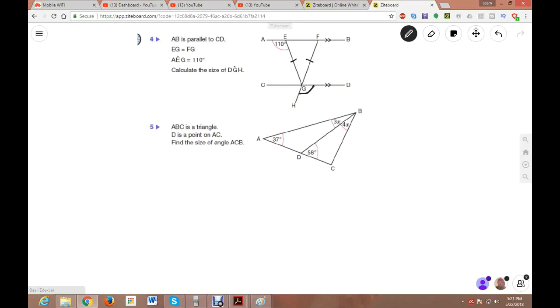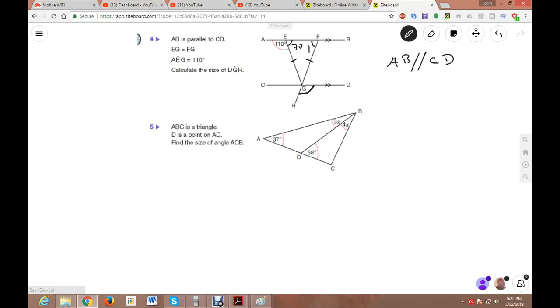As AB is parallel to CD, the inner angles, so angle E and F, they both will be 70, 70. So 180 minus 110, yes, 70 and 70.